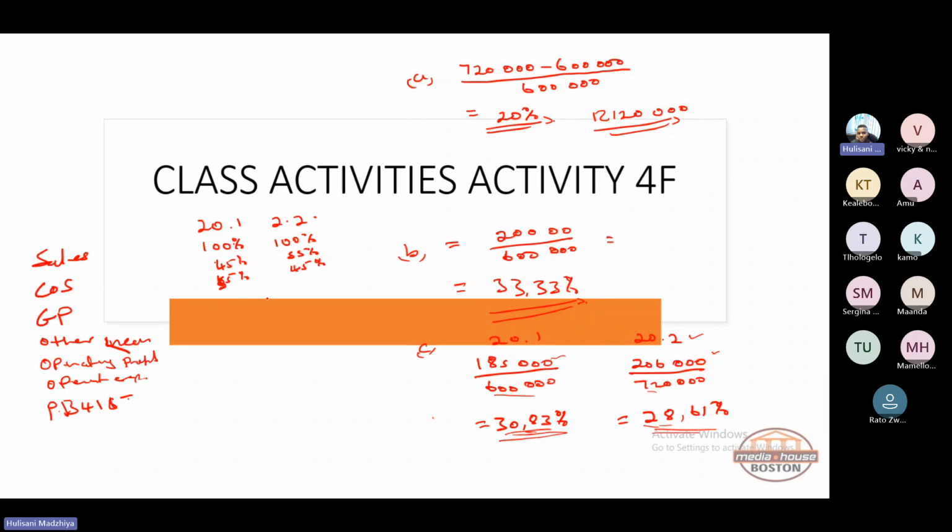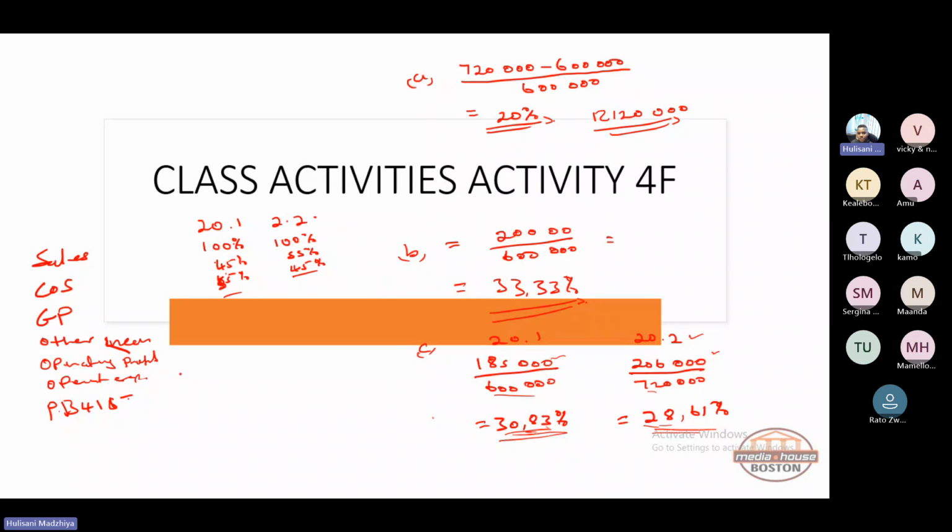So what this means is that during the year 2001, cost of sales contributed 45% for us to generate a revenue of 100%. And then during 2002, cost of sales contributed 55%. So the higher the percentage, it means the more expenses we incurred compared to the revenue we generated. So this means lesser what? Profit margin.